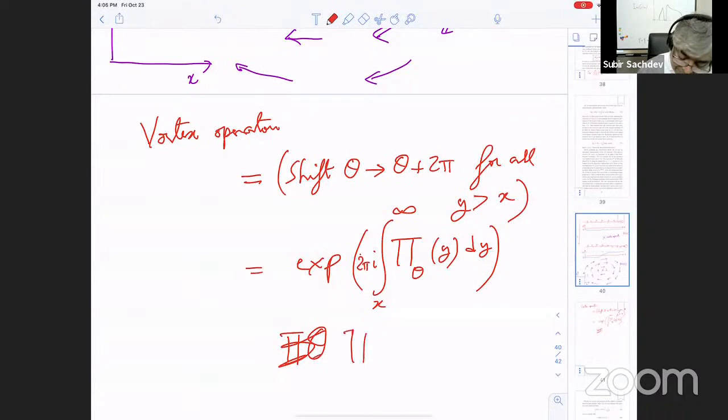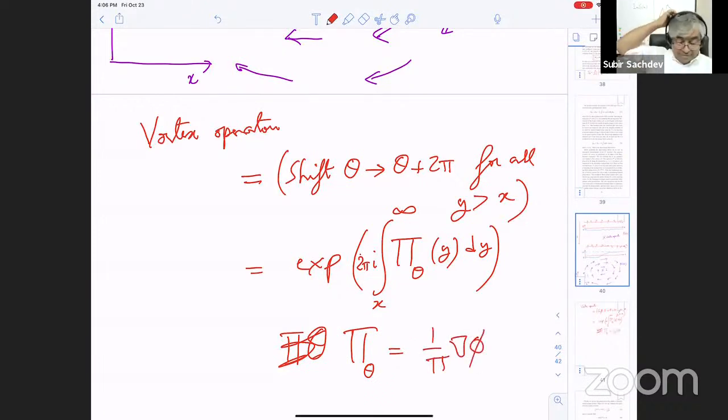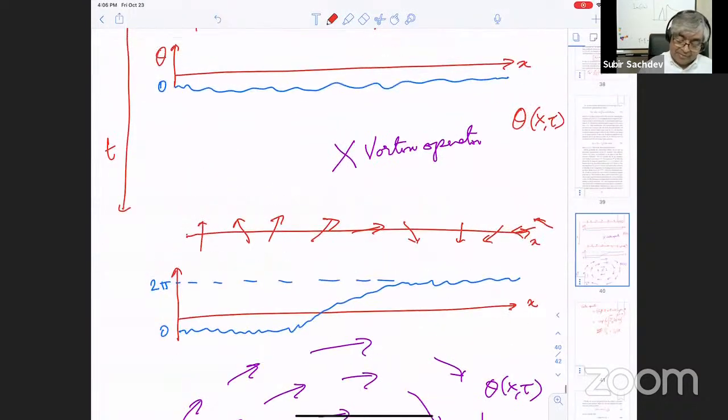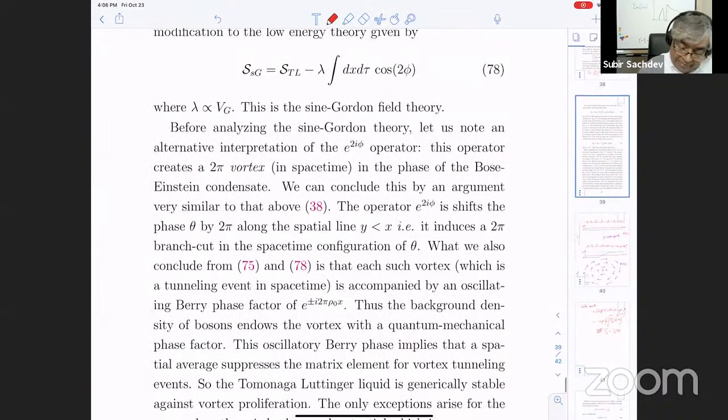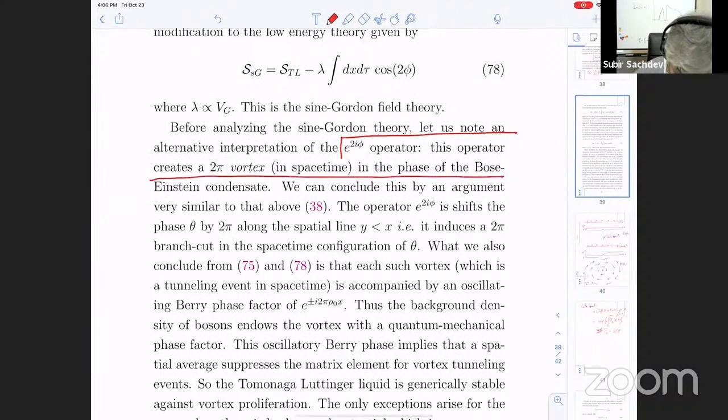And we know that pi theta is 1 over pi times grad phi. Okay, so if we just work this out, you get the result claimed here, that e to the 2i phi is the vortex operator. Okay, this is the important statement.